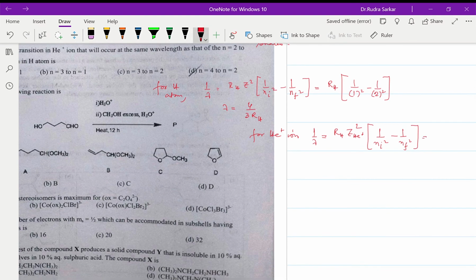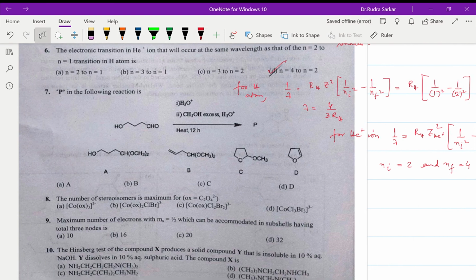So this will be equal to 3R_H by 4 only when Ni is 2 and Nf is equal to 4, and so the correct option over here is going to be D. Okay. The next reaction given is P, which we'll discuss in the next slide.